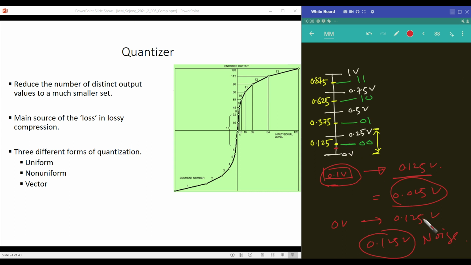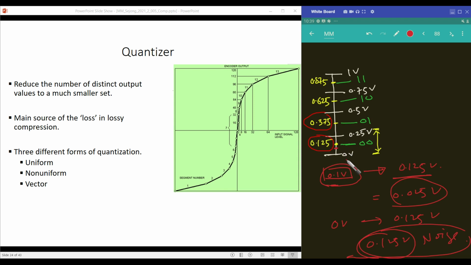So why is this noise coming? Because we level this one: whatever voltage comes in between 0 volt to 0.25, we will consider as 0.125, and whatever voltage comes in between 0.25 and 0.5, we'll consider as 0.375. In this way, we are quantizing our information.